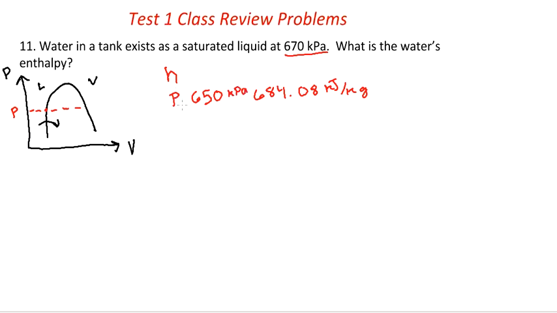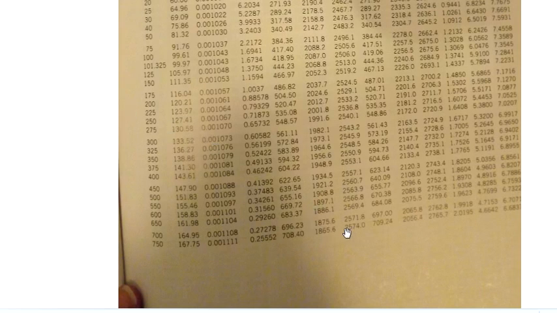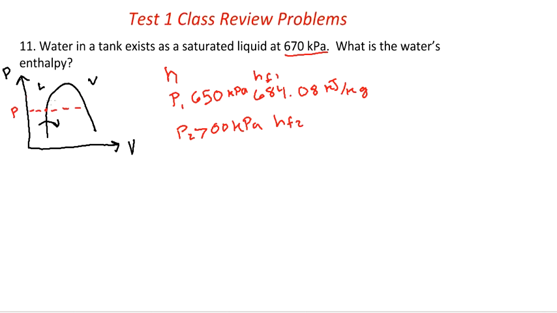This is our P1, and this is our hf1. Our P2 is going to be the next step down, which is 700 kilopascals. And our hf2 is in the table. Let's take a look at it. hf2 is going to be 697.0.